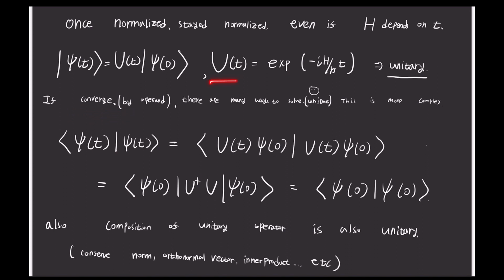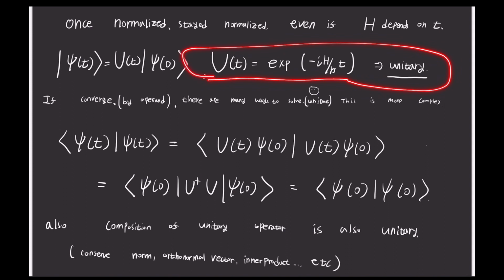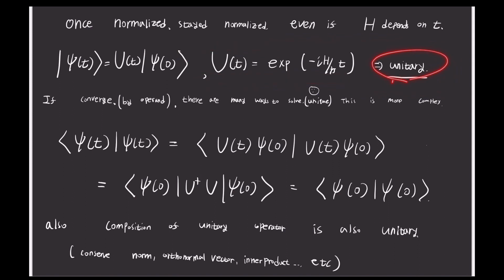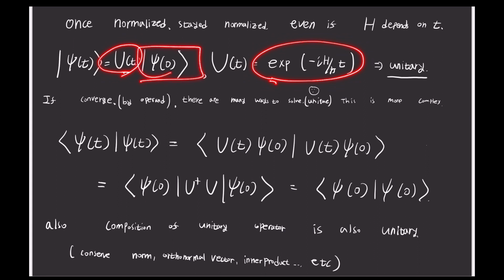If it converges, this is a very useful notation because we know that it is unitary, right? It looks like a rotation of the initial state vector, right? In linear algebra, we already know that a rotation is also unitary. So in my textbook, they say it's a rotation.